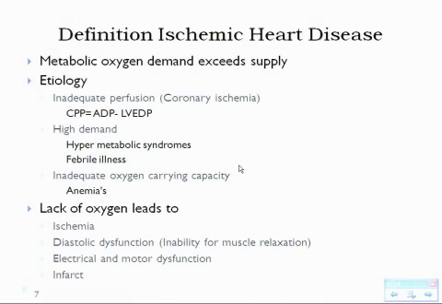Patients that have thyroid storm, that are in malignant hyperthermia, that are in neuroleptic malignant syndrome, people that are under severe high stress heat, so heat cramps to increases in fever. So anything that causes that kind of high demand will also put you into ischemic heart disease. If you also have inadequate oxygen carrying capacity from anemia, you can also develop ischemic heart disease.